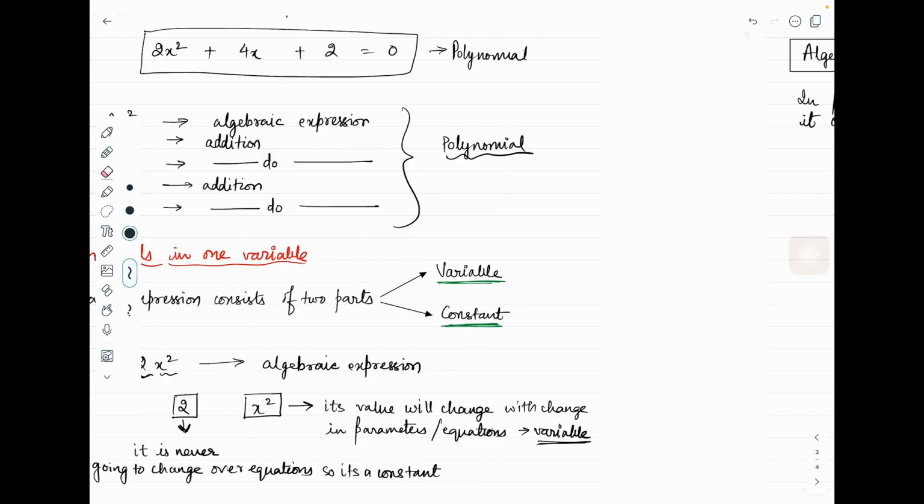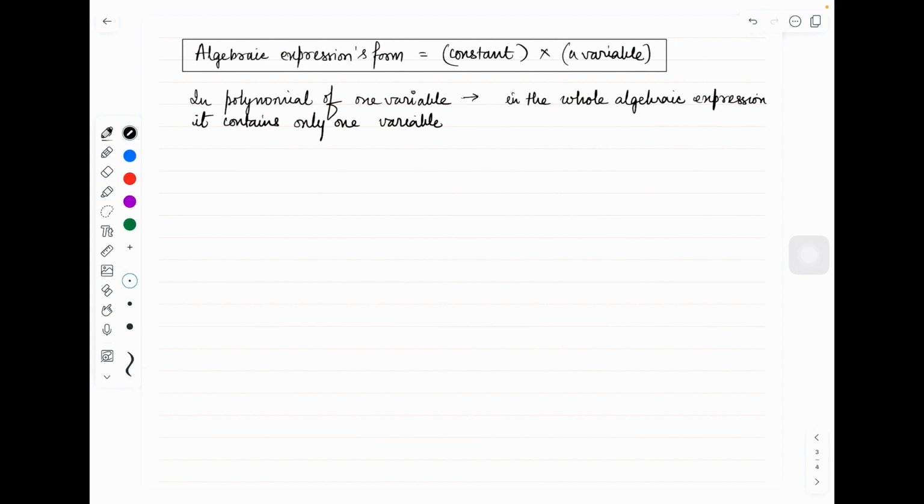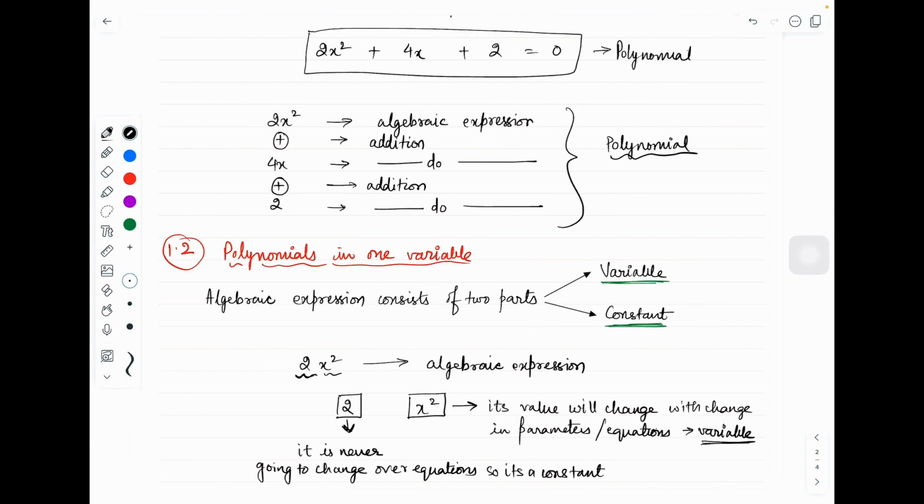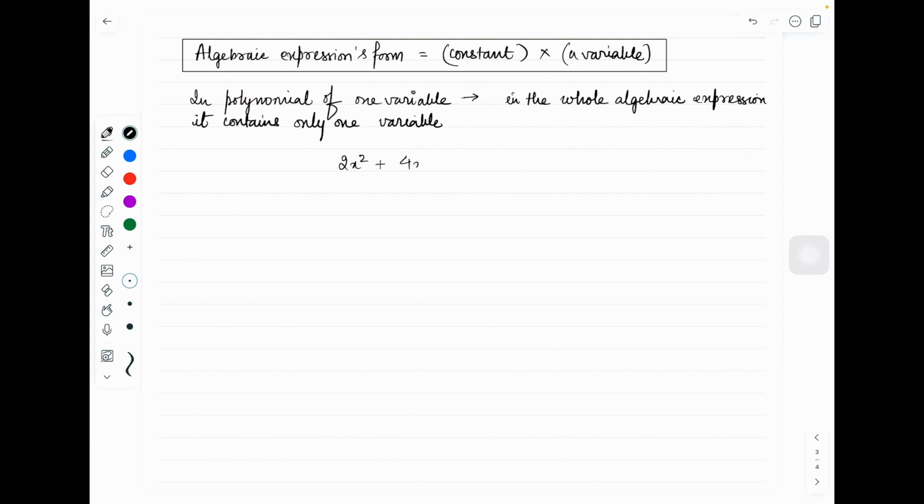What do you mean by this? See this example: 2x square plus 4x plus 2. This example that I had written. See, the only variable present here is x. It may be x square, x to the 5 or something, but the variable is only x.